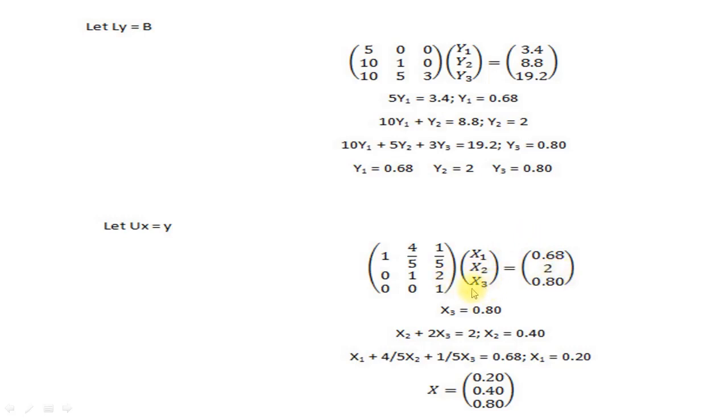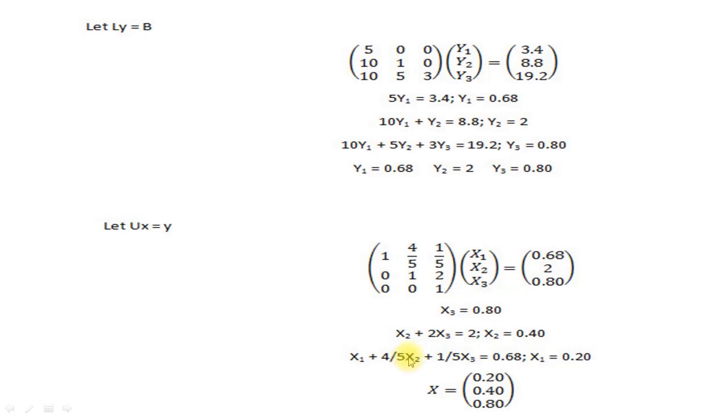Now using the back substitution, x3 is equal to 0.80 and x2 plus 2x3 is equal to 2. Putting the value of x3, we obtain x2 is equal to 0.40, and in the first equation x1 plus 5 by 4 x2 plus 1 over 5 x3 is equal to 0.68.